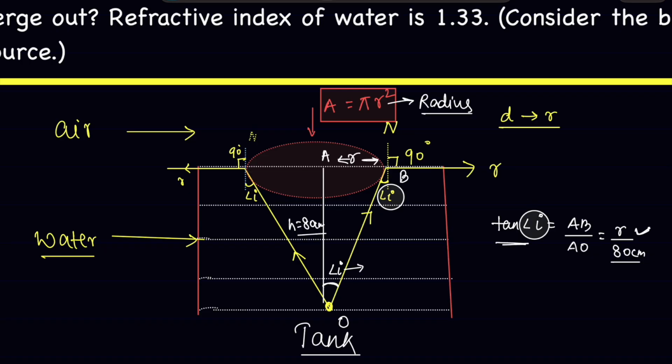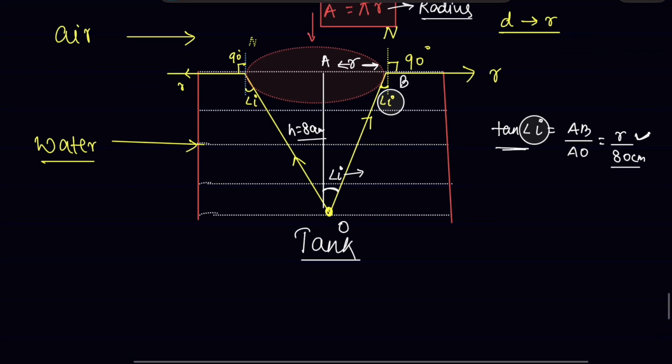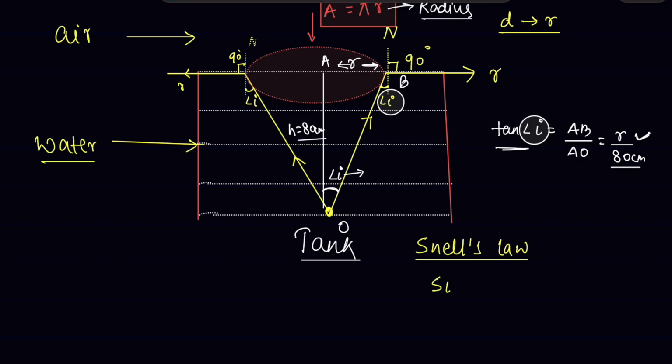To find this angle I, we are using Snell's law formula. Snell's law says that sin I by sin R is equal to n2 by n1.